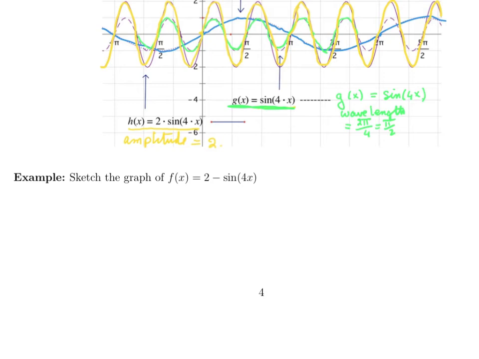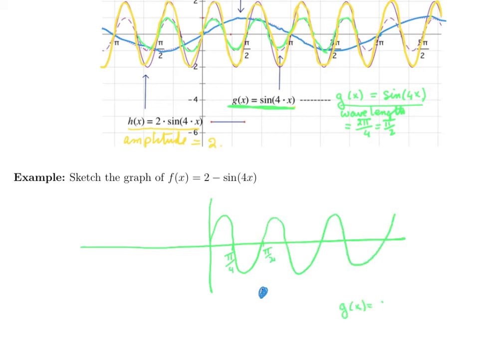Let's see if we can sketch this final example. f of x is 2 minus sine 4x. From our previous example, we have sine of 4x is a wave-like function which has a period of pi over 2, and it looks like that. Now what happens when I multiply that by a minus?